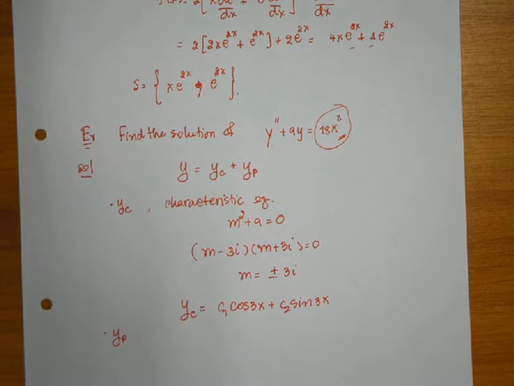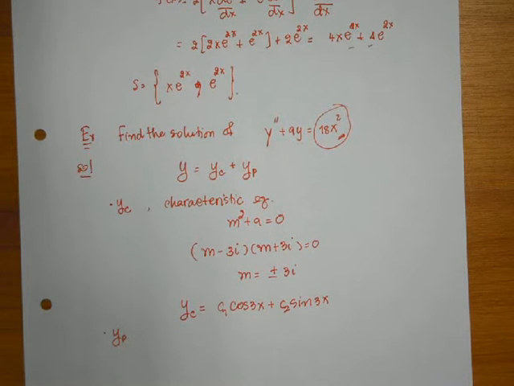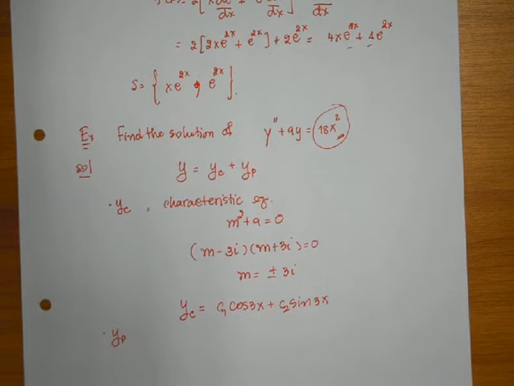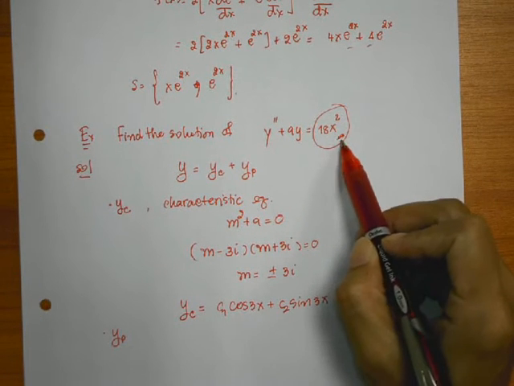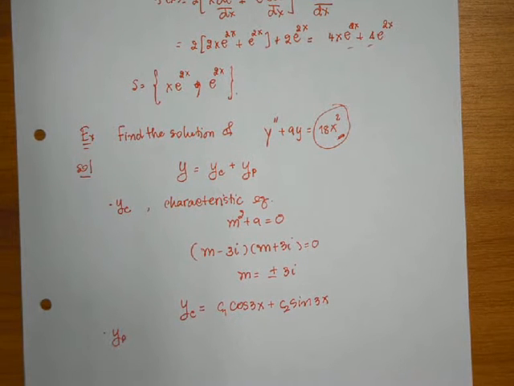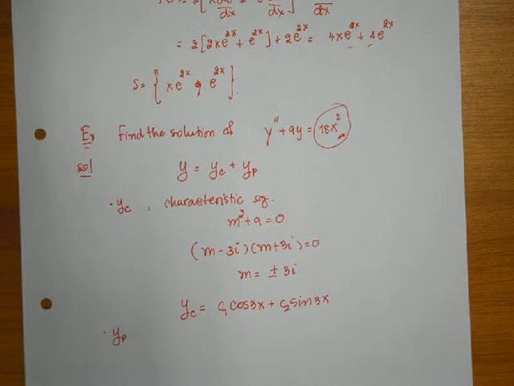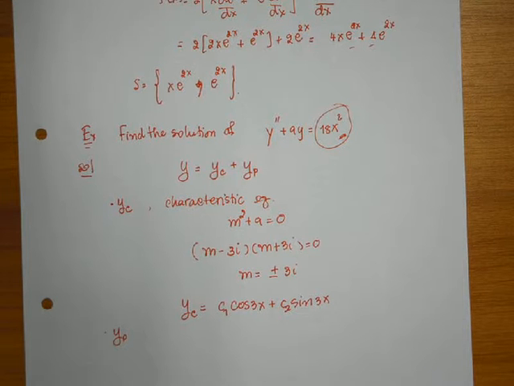Like I said, if you want to use the UC method, the undetermined coefficient method, you have to consider whether this f(x) is one of those four functions: polynomial or power of x, exponential, sine, cos, or a product of those functions.